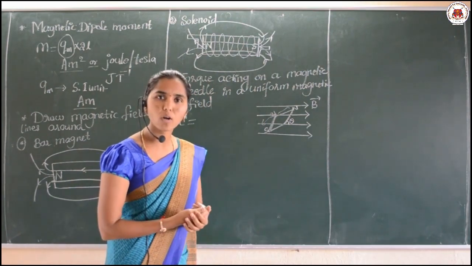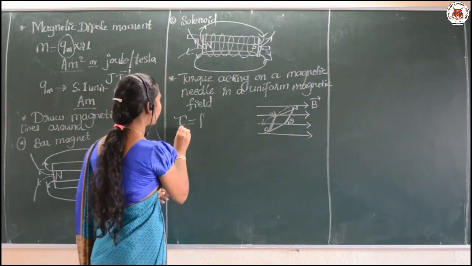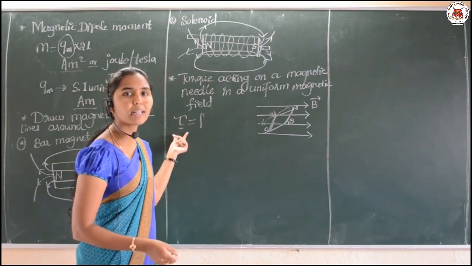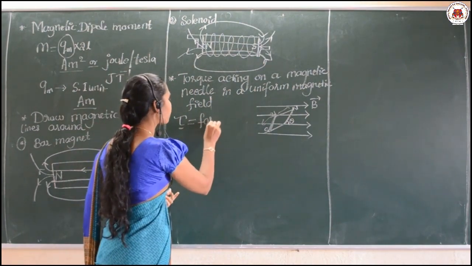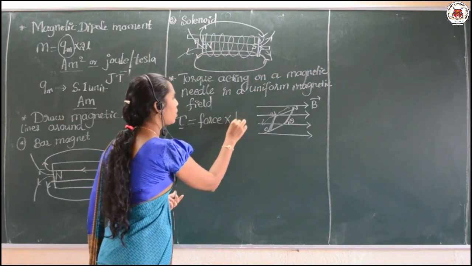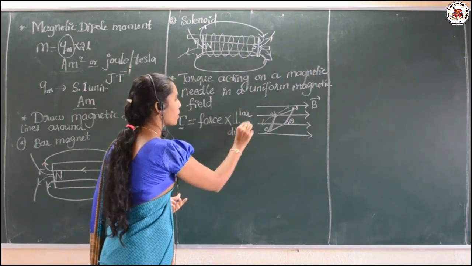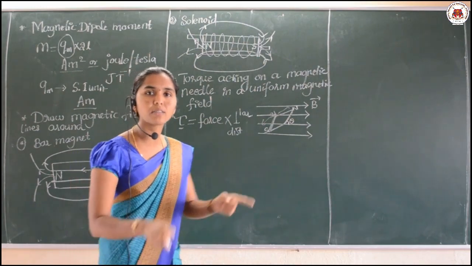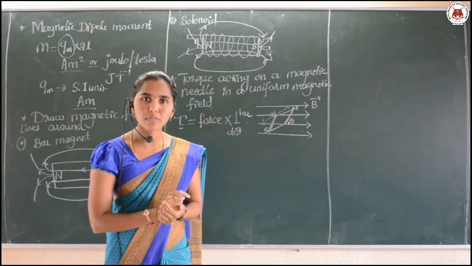Tell me, what is the torque? Torque is represented by the Greek letter tau, which is equal to force into the perpendicular distance between the two lines of action of the forces.